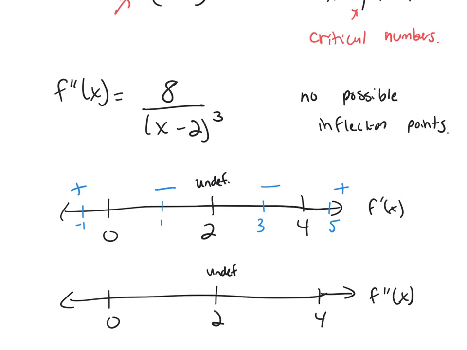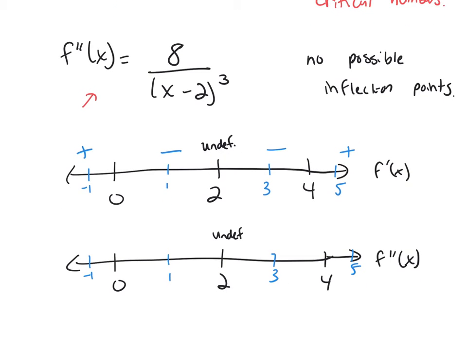And then if I look at my second derivative here, again, I'm going to go with those same test points. If I plug in -1, it'll be negative. If I plug in 1, still negative. 3, positive. 5, positive.